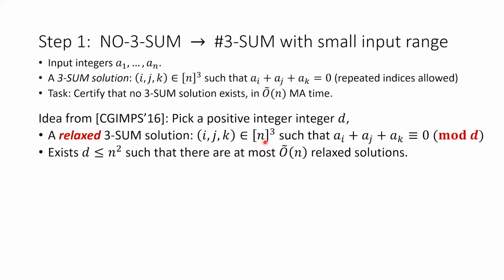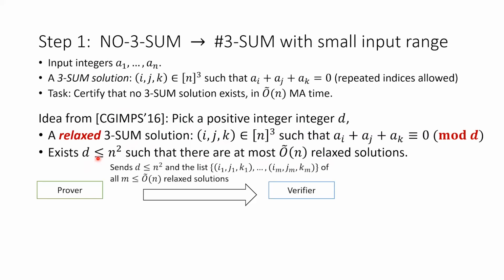So a solution must also be a relaxed solution, but a relaxed solution may not be a real solution. And because there are n cubed tuples in total, we can show that there exists an integer d that is less than or equal to n squared, such that there are at most O-tilde of n relaxed solutions. Here we are ignoring log factors.